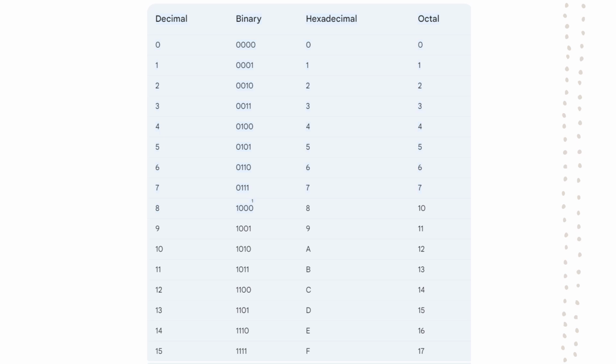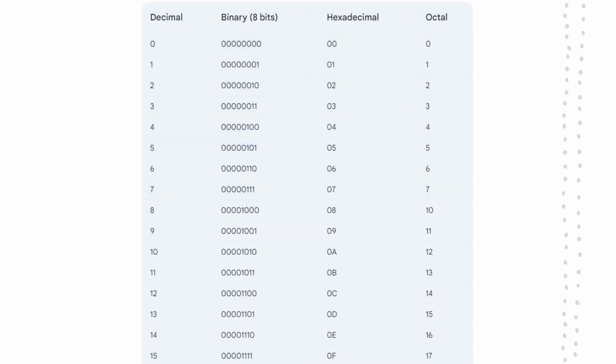Now, where the real savings comes in is when we look at 8-bit binary digits. 8-bit binary is what your symbols, your characters on your keyboard represent. So just imagine if you had to always type in 8 bits of binary to represent a character. It would be very cumbersome.